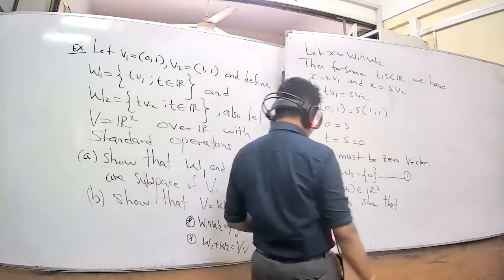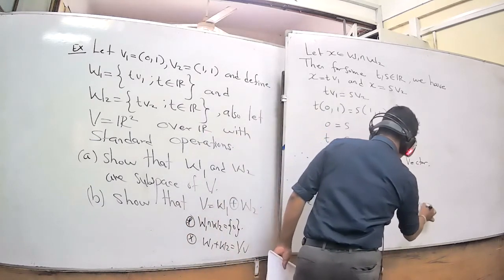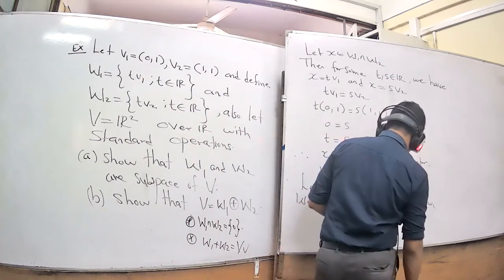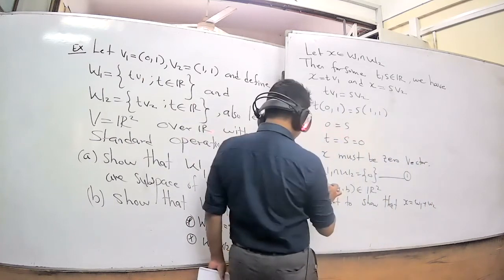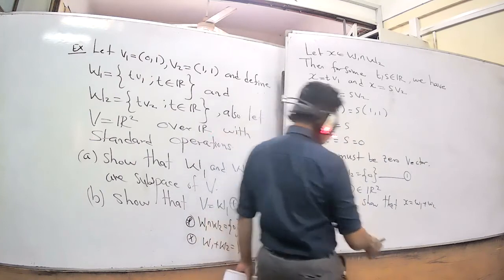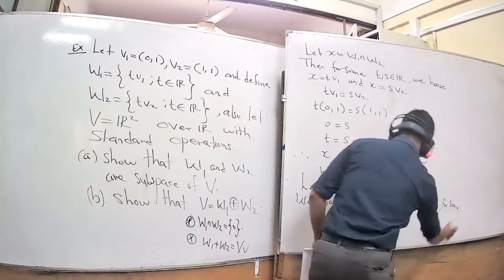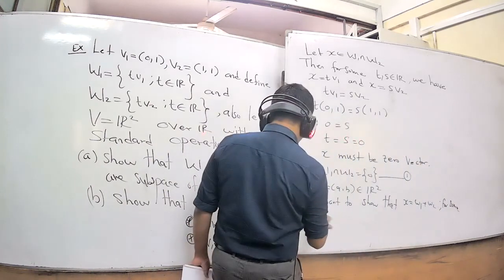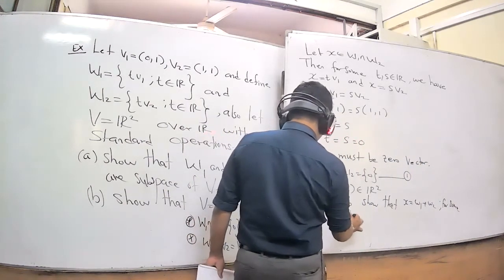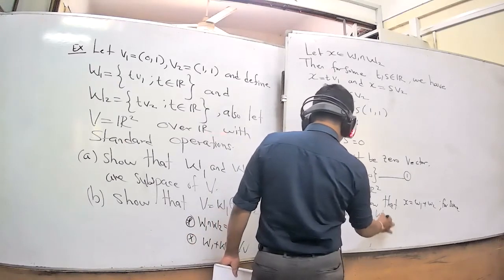We want to show that x equals w1 plus w2, for some w1 belonging to capital W1 and w2 belonging to capital W2.